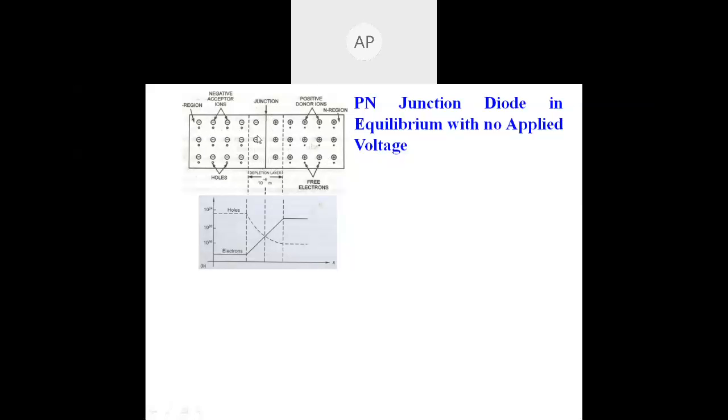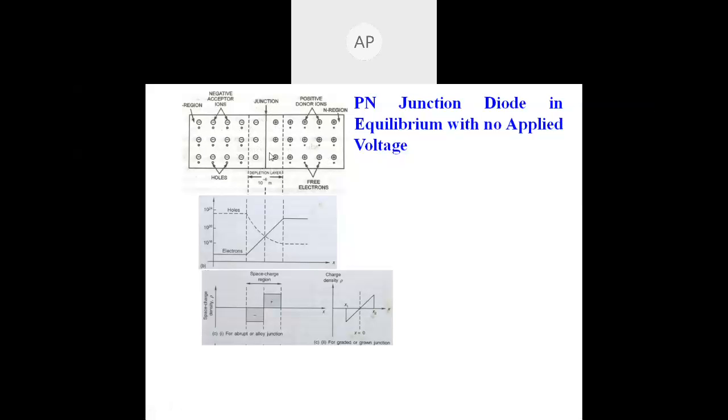As it generates this electrostatic force, this terminal behaves as negative and this terminal behaves as positive. So the electrostatic force, or electric field, developed across the junction is called the barrier potential.